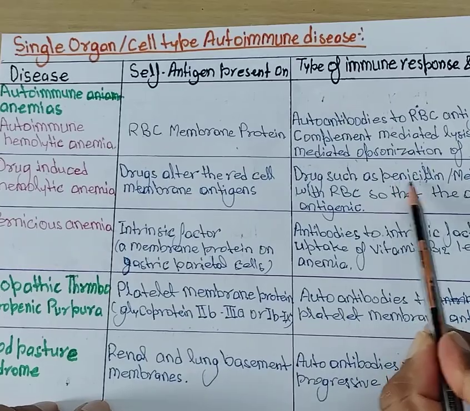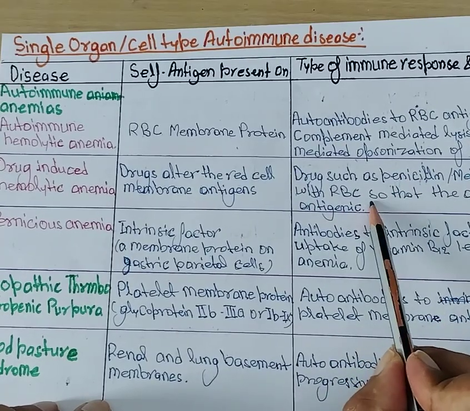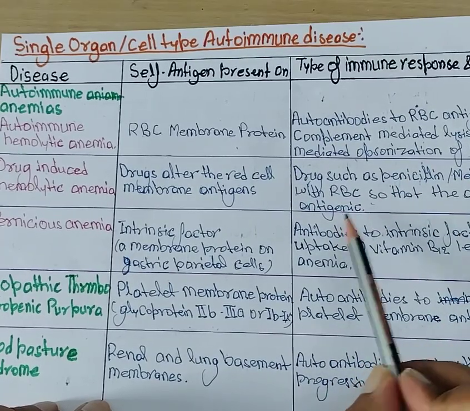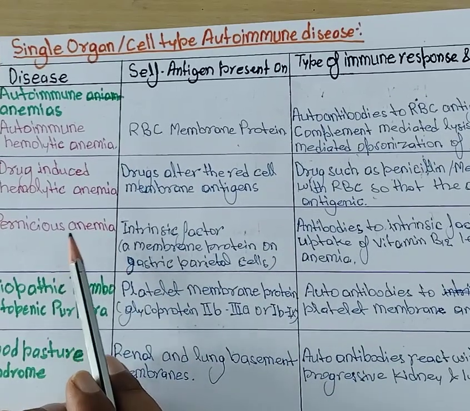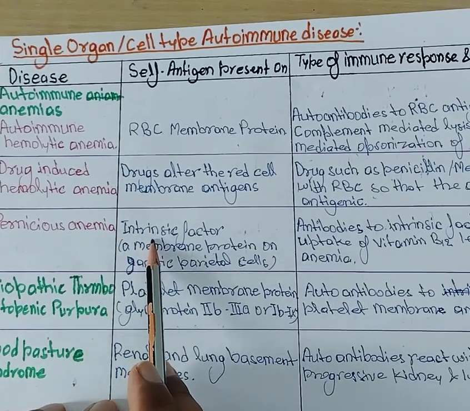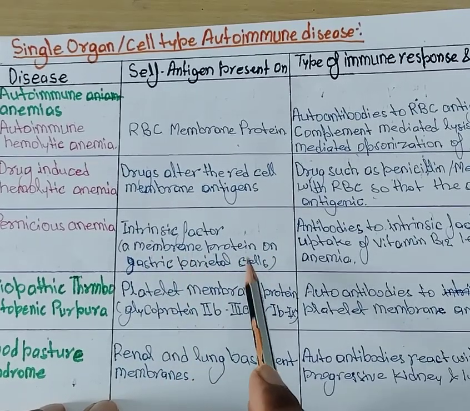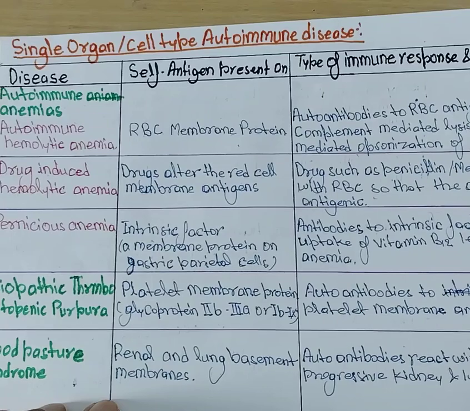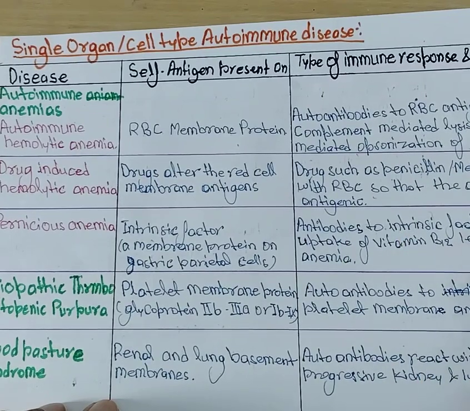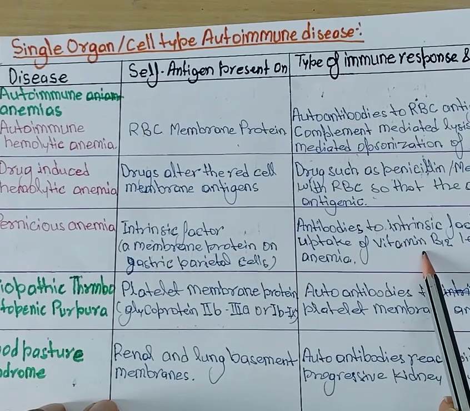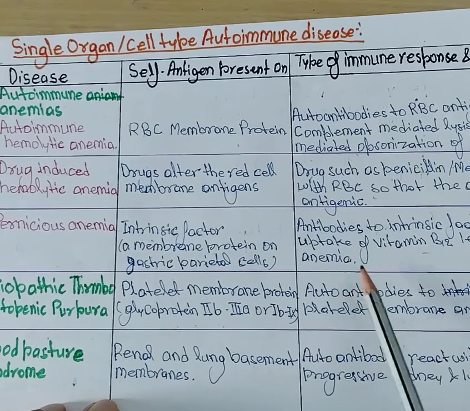Drugs such as penicillin and methyldopa interact with RBC so that the cell becomes antigenic. In pernicious anemia, intrinsic factor, which is a membrane protein on gastric parietal cells, acts as a self-antigen. Antibodies to intrinsic factor block the uptake of vitamin B12, leading to megaloblastic anemia.